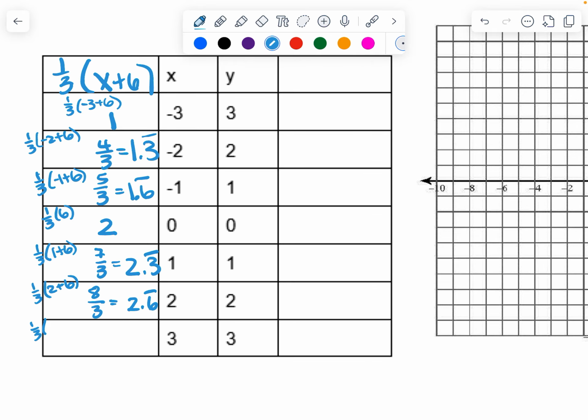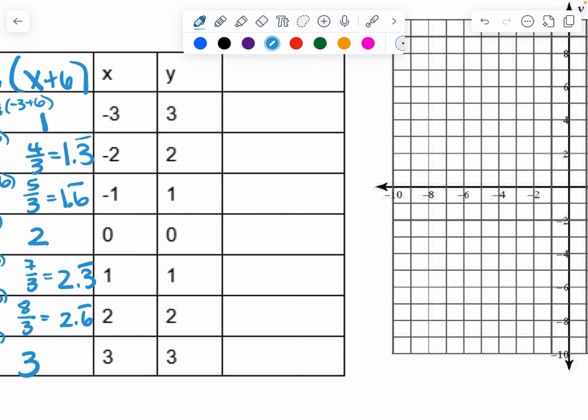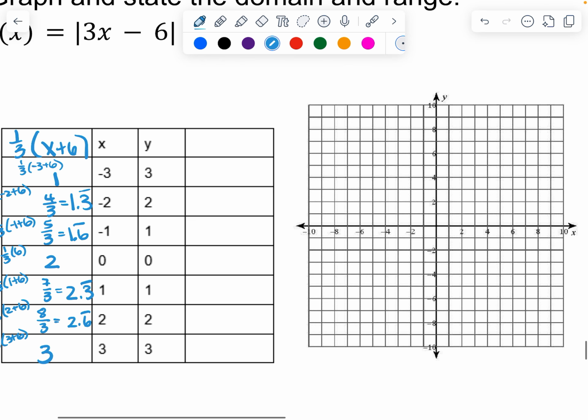And then 1/3 of 3 plus 6, which is 9. So that'll be 3. So 1, 3. Oh, I forgot, I have to do my parent graph. Come over here and do my parent graph. And then I go 1, 3, 1, 3, and 3, 3. I got 2, 0.